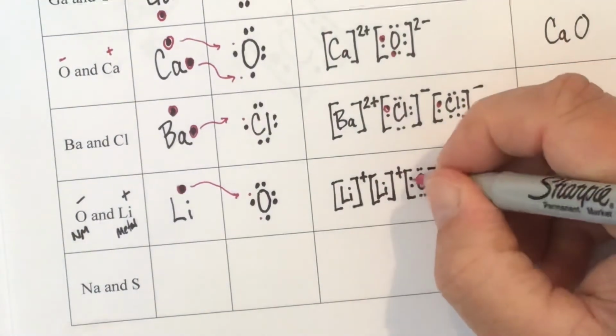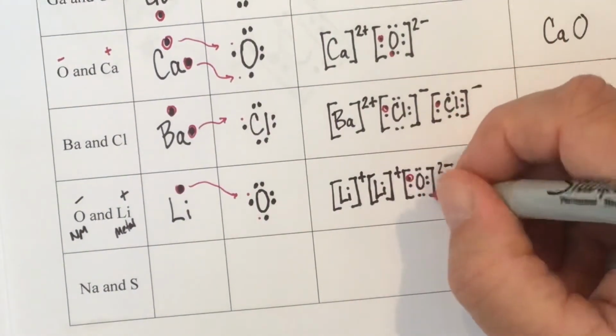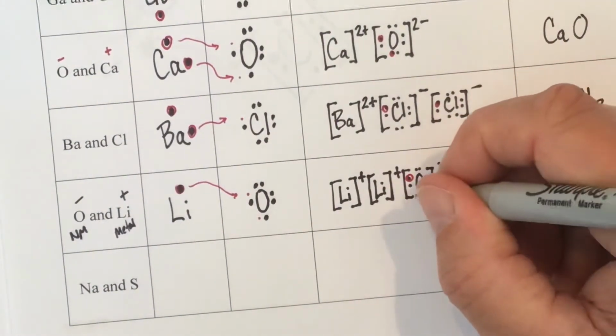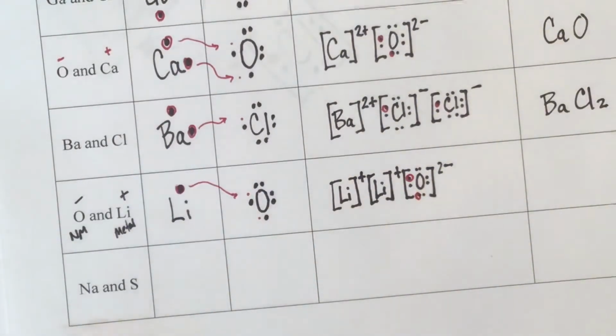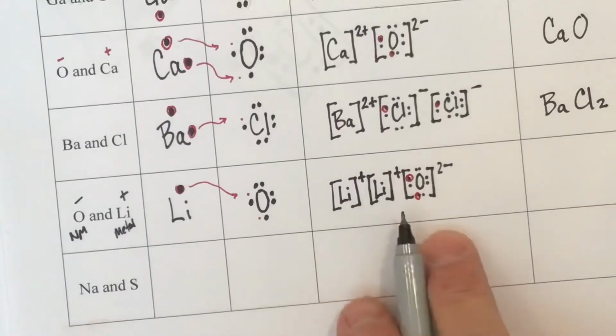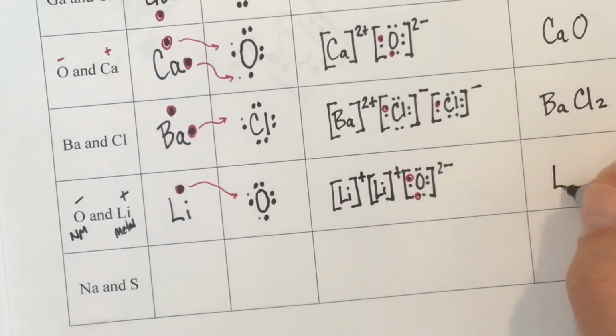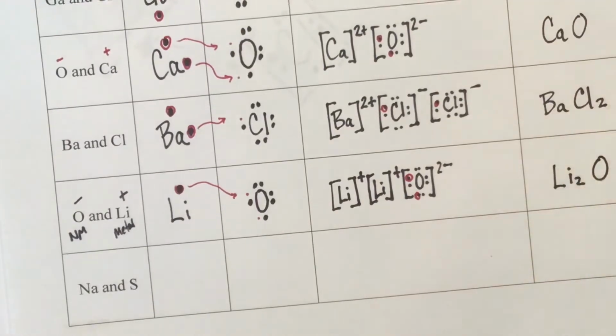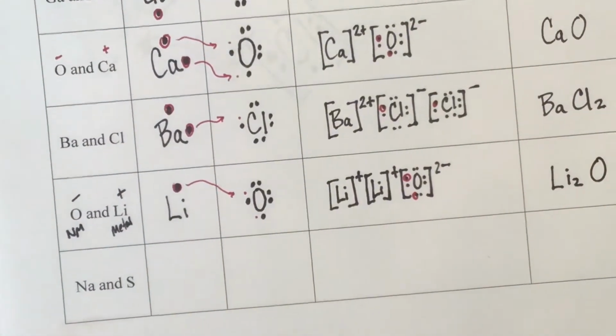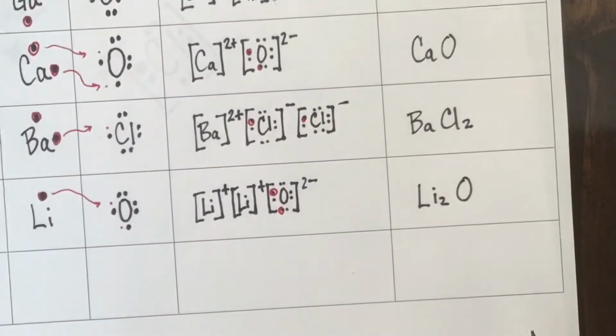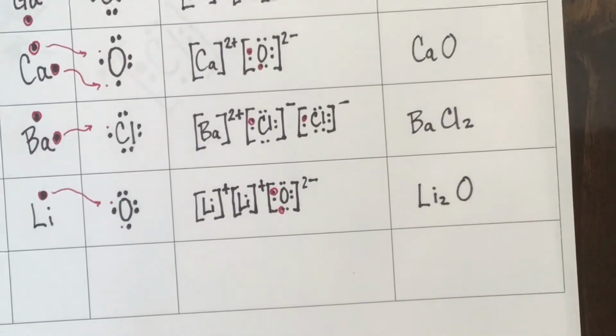And of course, this electron here came from 1 lithium, and this one here came from another. Okay, so now we write the formula. So how many lithiums do we have there? We have 2. So it's going to be Li2O, because we have 1 oxygen. So lithium and oxygen are going to combine in a 2-to-1 ratio.